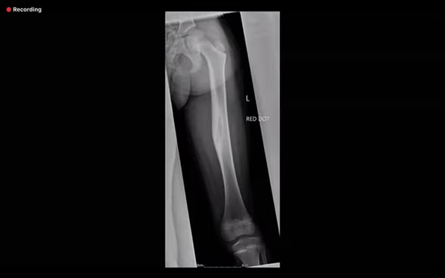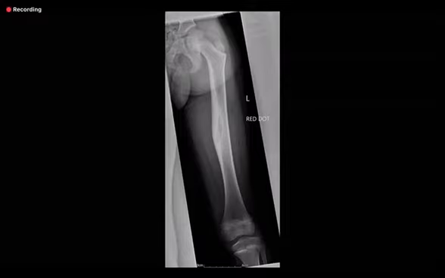Okay, so I have a radiograph of the left femur in a 5-year-old female patient who presents with pain. I can see in the mid shaft of the left femur an eccentric lesion, which is lucent, well defined, and has secondary associated cortical thickening. I can't see any associated aggressive features such as an aggressive periosteal reaction or soft tissue component.